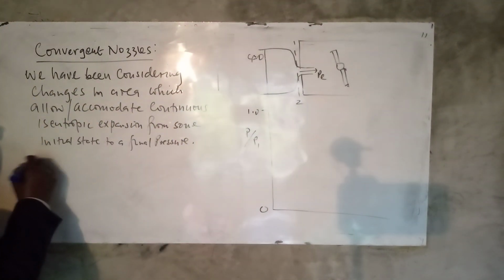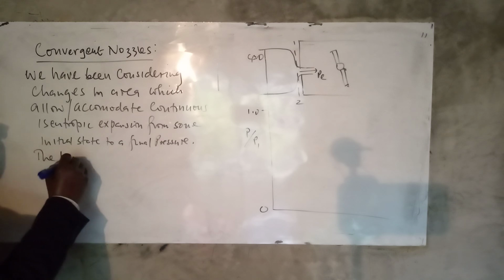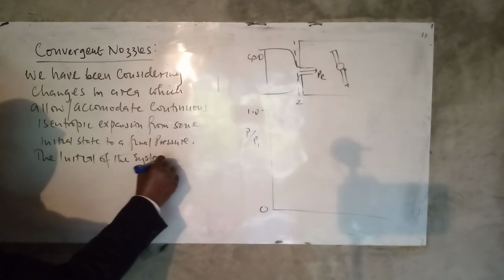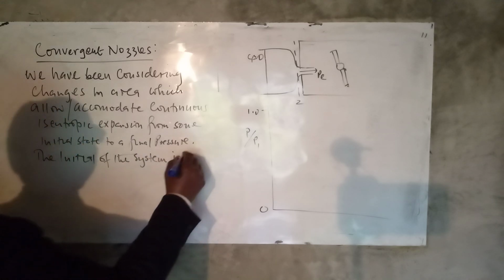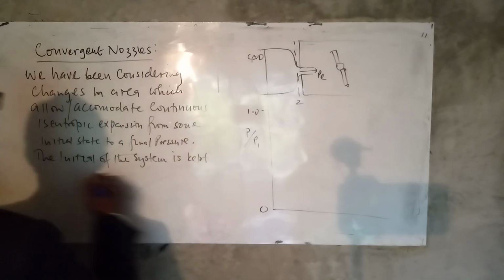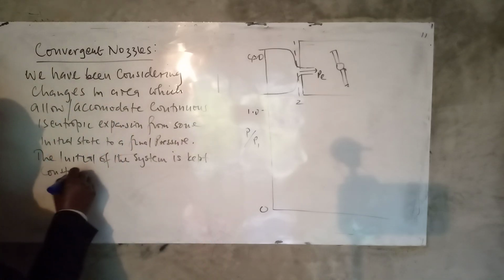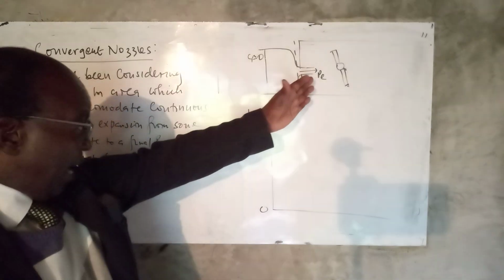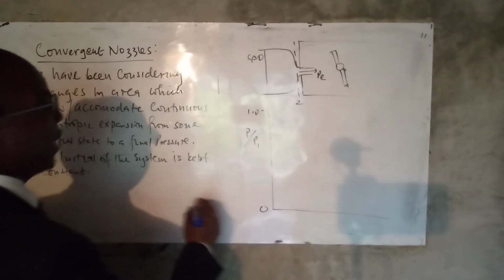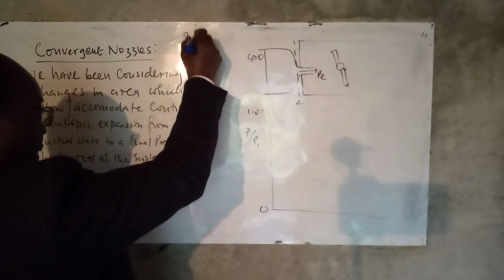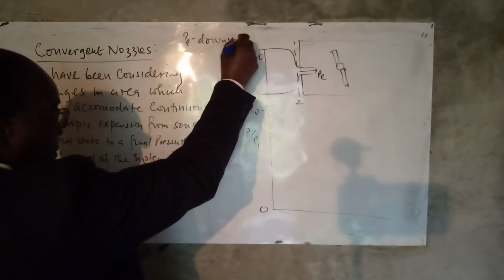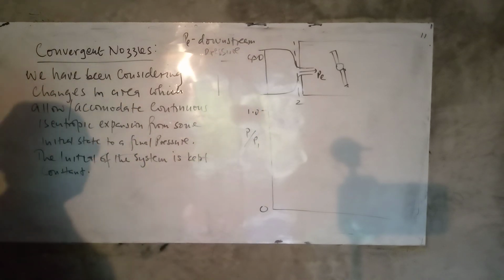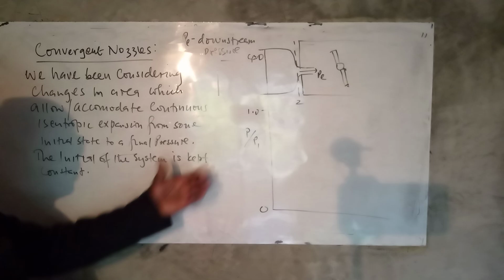So just note that the initial state of the system is kept constant. That's point number one. And you need to note that initially the downstream pressure, that's what we call PE, is the same as P1.